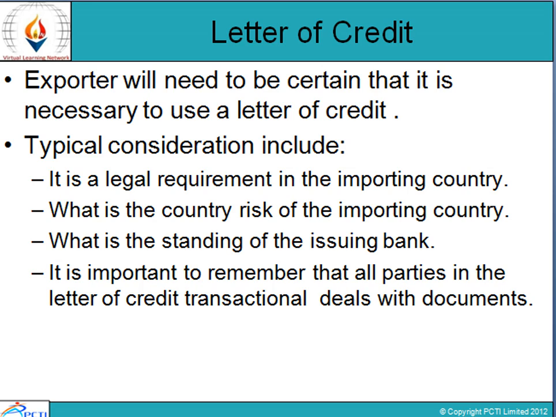Will the bank charge be out of proportion to the value? Then what is the country risk of the importing country? What is the standing of the issuing bank? And it is very important to remember that all the parties in the letter of credit transaction deal with the documents and not with the goods.